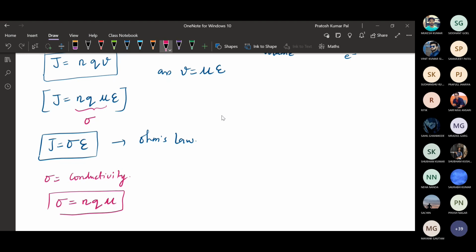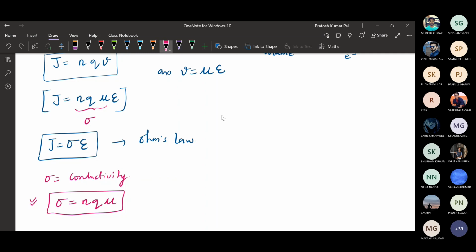Here this conductivity expression also we need to remember. Sometimes in objective questions, the relation of conductivity with different parameters, like on what parameters it depends, and based on that some objective type questions can be asked. Okay, so you need to take care of these relations.